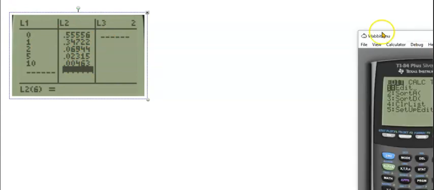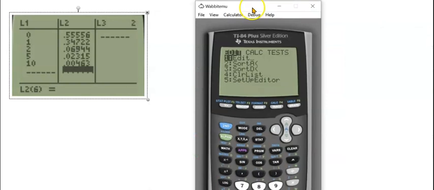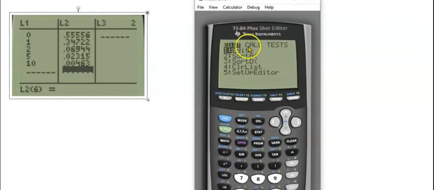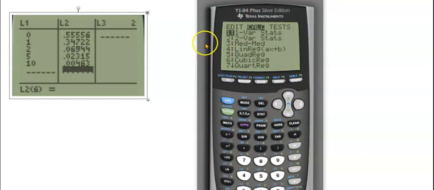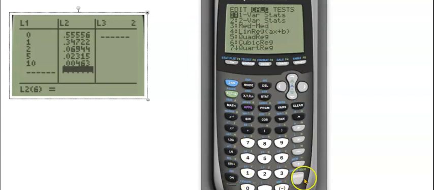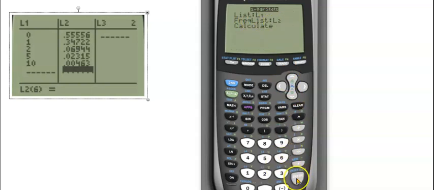From there, press Stat again. This time slide over to Calc, and we're going to do one variable stat. Make the list L1 and the frequency list L2.